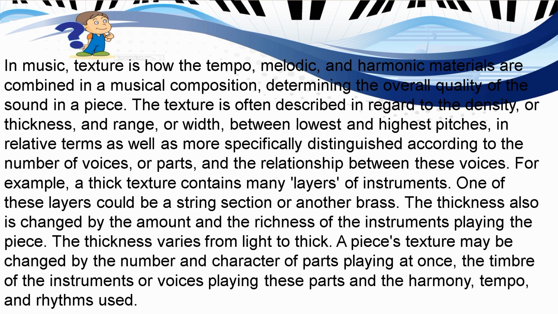A piece's texture may be changed by the number and character of parts playing at once, the timbre of the instruments or voices playing its parts, and the harmony, tempo, and rhythms used. See? So, you can use the harmony together with the tempo and the rhythm in order to produce the texture in music.